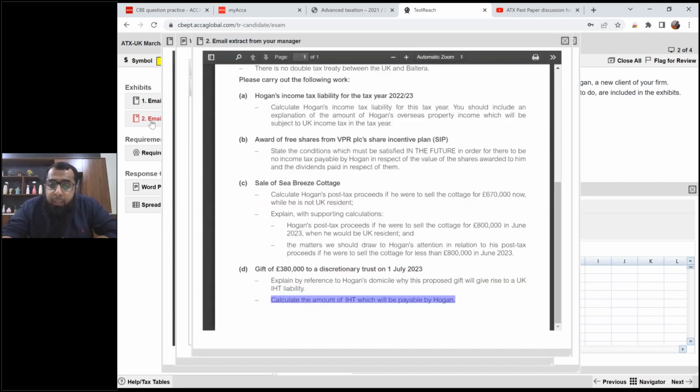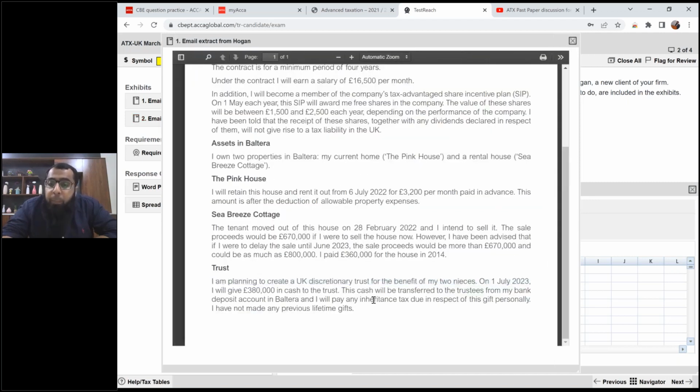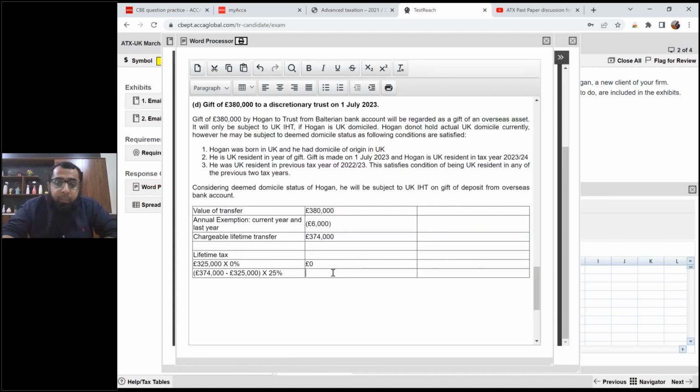You can read it here: I will pay any inheritance tax due in respect of the gift personally. So this means that the donor is paying tax. I have not made any previous lifetime gifts. This means annual exemption is also available and nil rate band is also available. So 25% tax will be 374 minus 325 into 0.25. So it's 12,250 pounds.